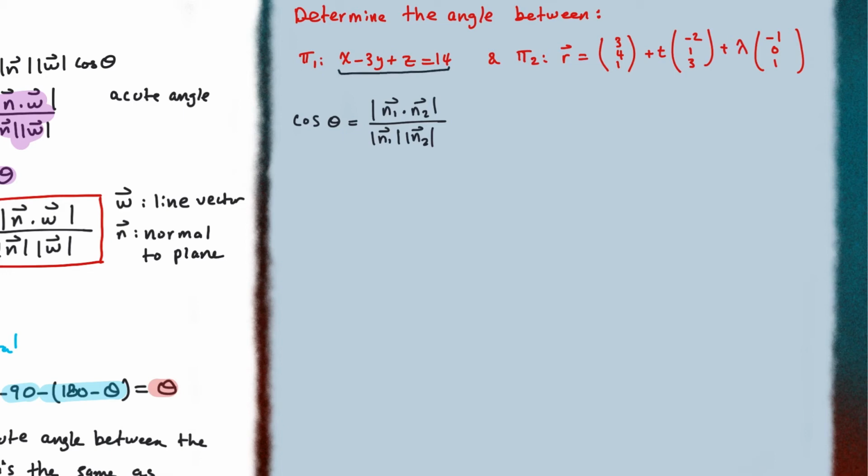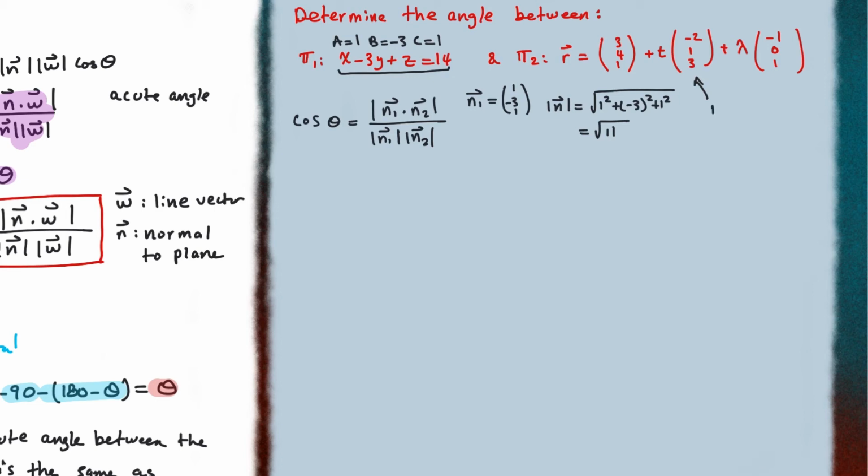We can easily find the normal to pi 1 based on the coefficients of x, y, and z, giving us components of 1, -3, and 1. We can find the magnitude of this normal by taking the root of the x component squared plus y component squared plus the z component squared, and once we do that, we will get root 11.